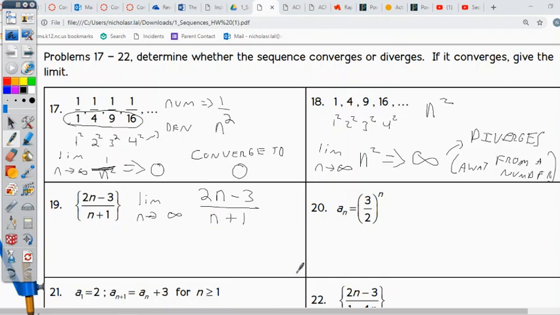Let's do a thought experiment for a second. T-H-O-U-G-H-T, not T-H-O-T. As n approaches infinity, do you think that the -3 and the +1 are going to stay relevant?